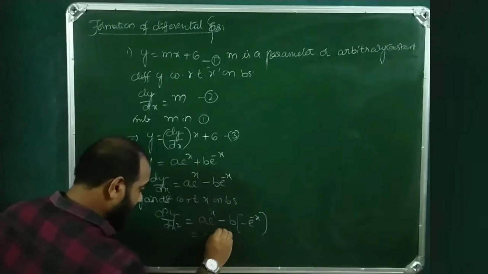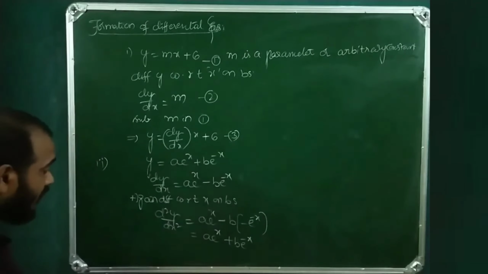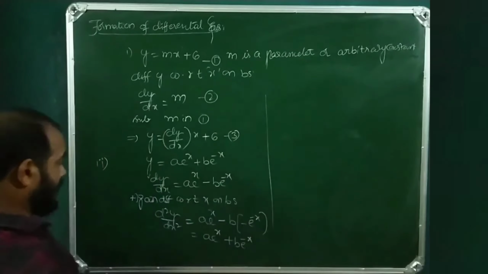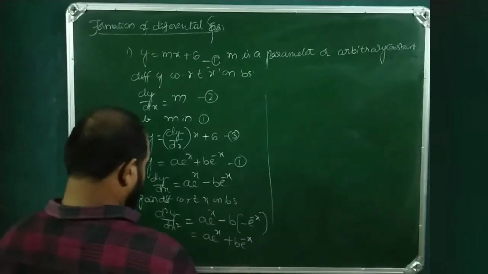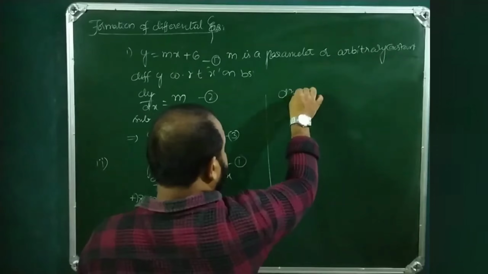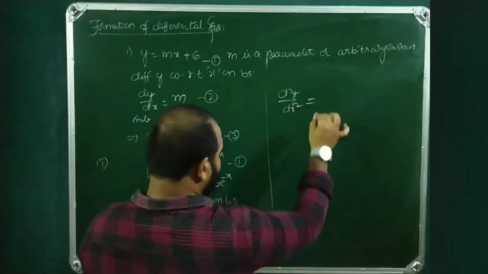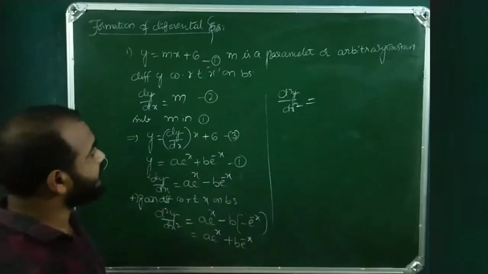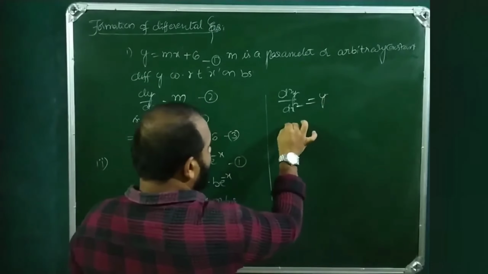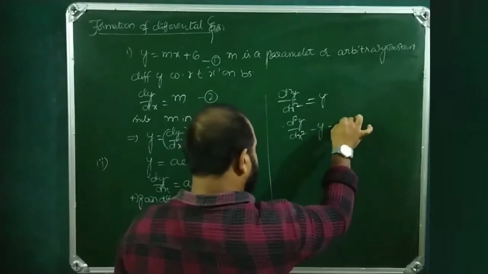Therefore, this is a e power x plus b e power minus x. This is the first equation, and therefore d square y by dx square is equals to, what is this a e power x plus b e power minus x? This is y. Therefore, d square y by dx square minus y equals to 0.